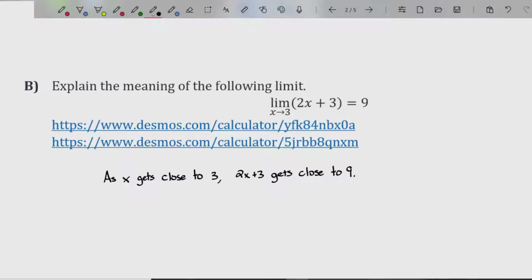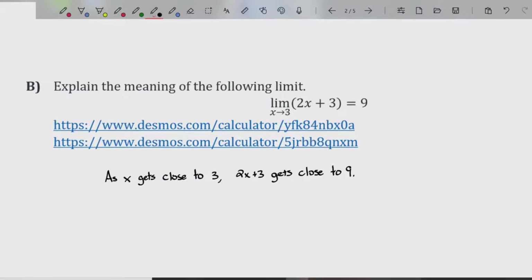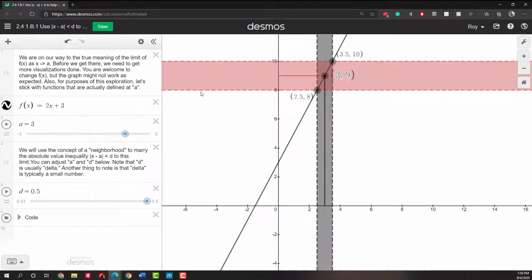So let's bring in some other visualizations here. As you can see, I have the function 2x plus 3 mapped right there, and a little bit of text. We're on our way to the true meaning of the limit of f of x as x goes to a. Before we get there, we need to get more visualizations done.